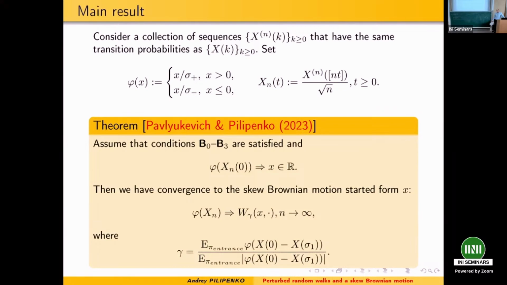The number of visits to zero, known in the classical situation. Yes, exactly.